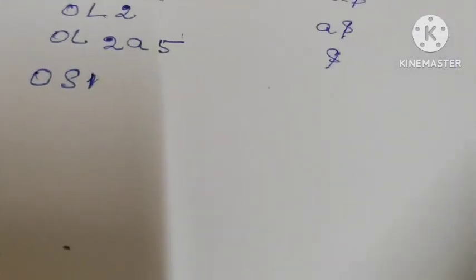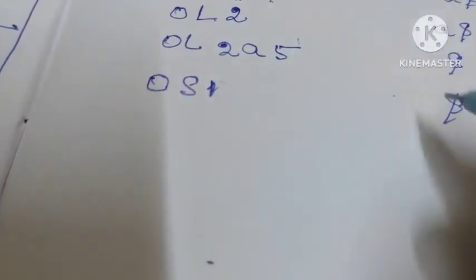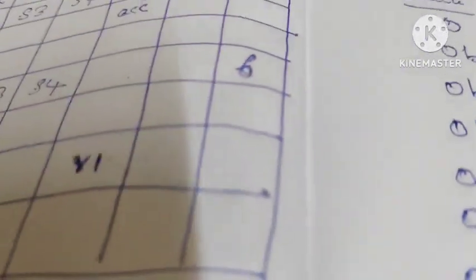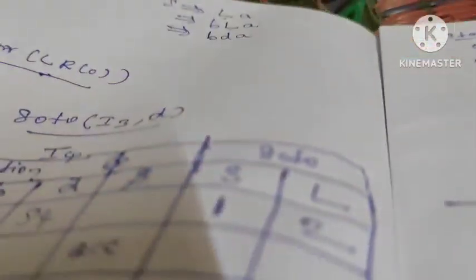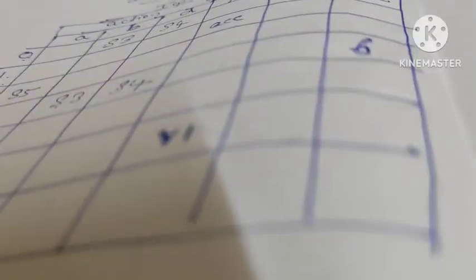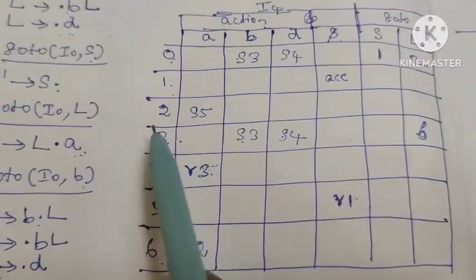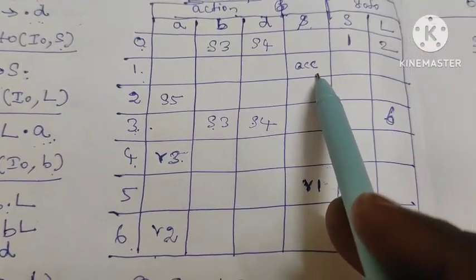Now on the right side you have the dollar symbol. Now see, left side you have 1 and right side you have dollar. Now simply see in the table 1 comma dollar. 1 and dollar is accepted, isn't it?